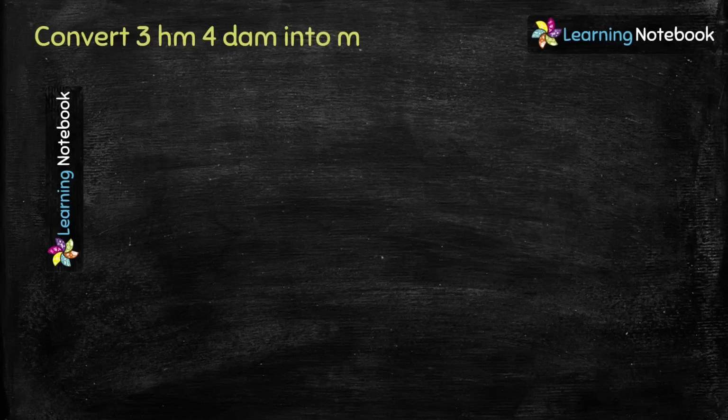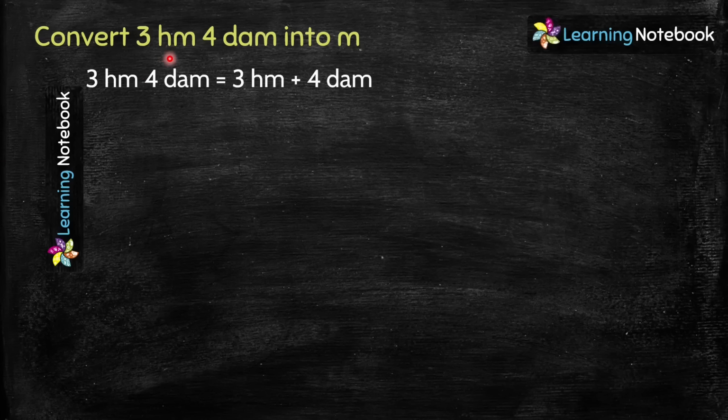Next question is, convert 3 hm 4 dm into meters. So students, hm means hectometer, dm means decameter, and we have to convert these units into meters. Here 3 hectometer 4 decameter equal to 3 hectometer plus 4 decameter.